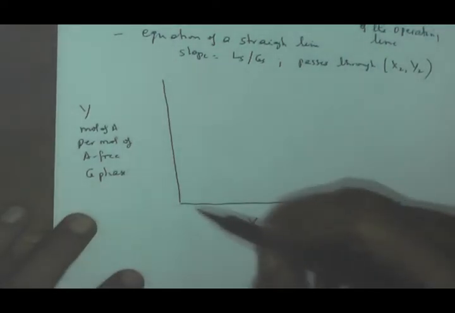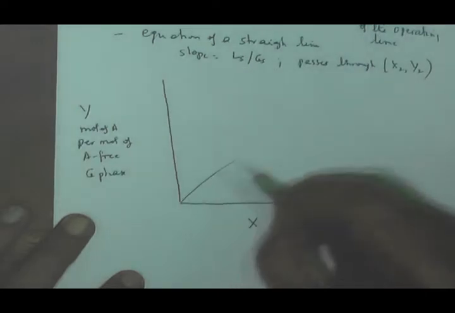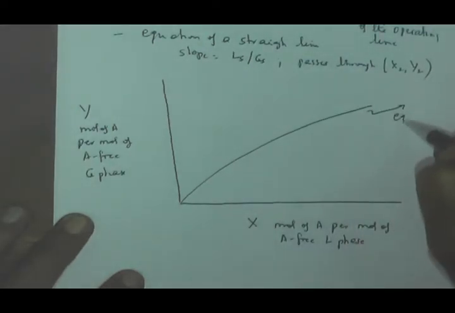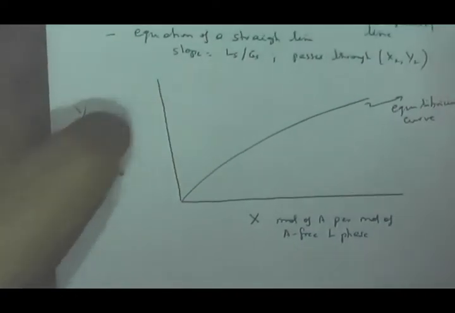And let's say in general the equilibrium curve would be a curve. We were looking in terms of small y and x's in the equilibrium curve. We can convert this into capital Y's and capital X's also.